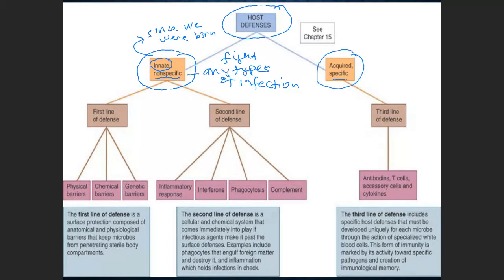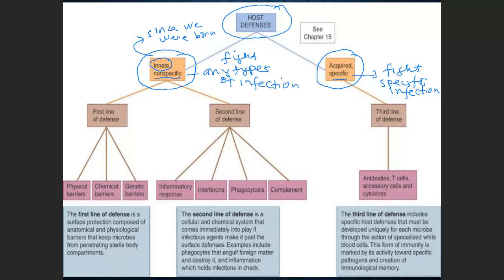Specific means it only fights against a specific infection. For example, there is a specific defense mechanism that only fights against chickenpox. It cannot be used to fight against polio, as it fights only one type of infection. So one type of defense mechanism fights one type of specific infection.